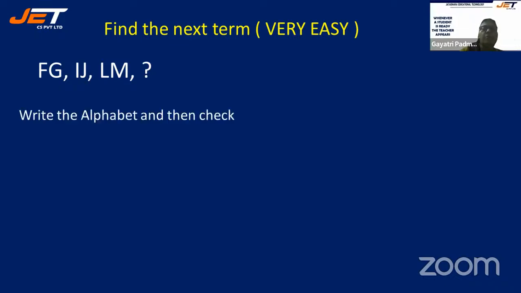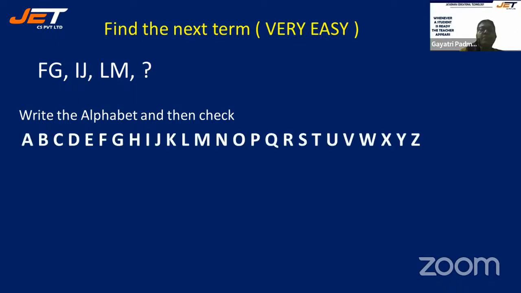Now see the answer for this: FG, IJ, LM. Now write the alphabet and then check. We have written the alphabets for you, A to Z. See where FG comes, and see the next term IJ. So after FG, one letter is left, isn't it?